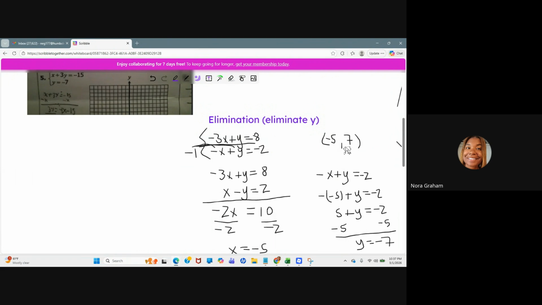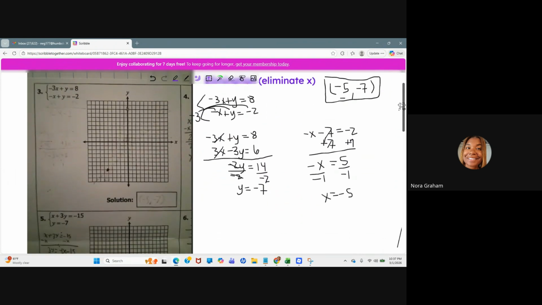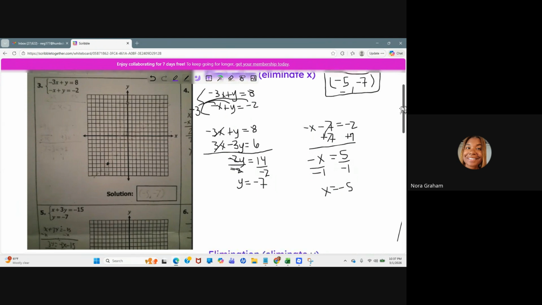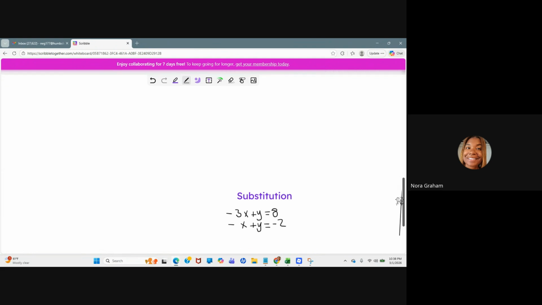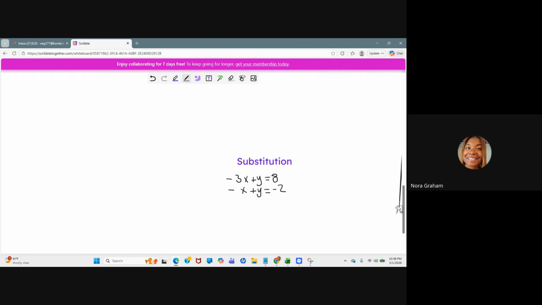It doesn't matter if you want to eliminate your x or your y. You can determine which one you want to do based on how easy it is or what you see. All right. So the last one, if you didn't think elimination and you're super comfortable with substitution, and usually substitution is used when you can get one variable by itself. So if I looked at this and I'm not comfortable with elimination, I would be like, man, I really wish my x or my y was by itself.